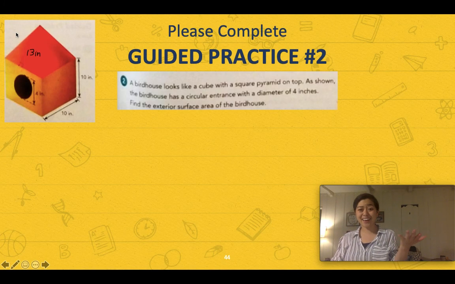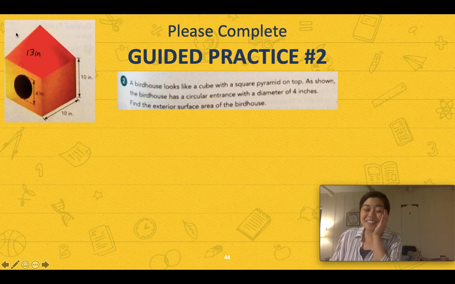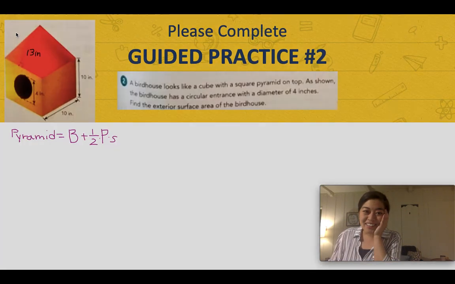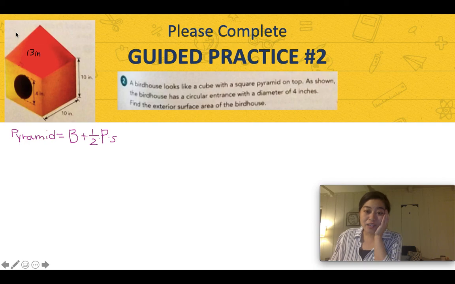All right, welcome back. How was it? Okay, so now the original surface area of a pyramid is the base plus 1/2 times the perimeter times the slant height, okay? And the slant height in this case is 13 inches.